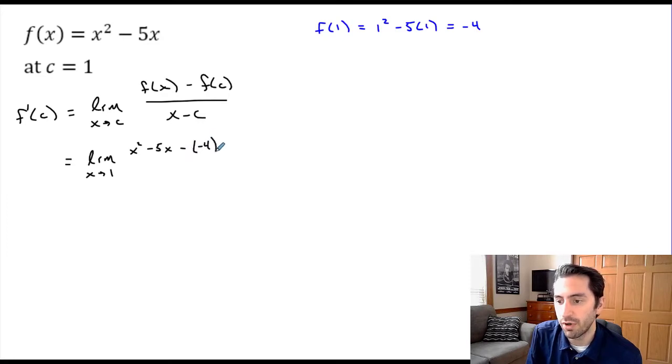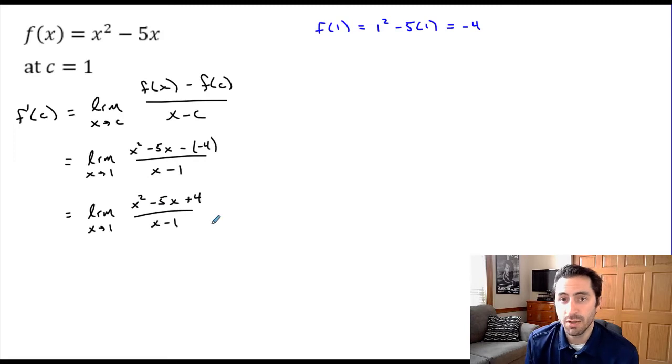That was negative 4. And then this is going to be divided by x minus 1. And just to simplify a little bit here, if I'm subtracting a negative, that'll turn into plus 4. So here we end up with the limit that we want to evaluate.